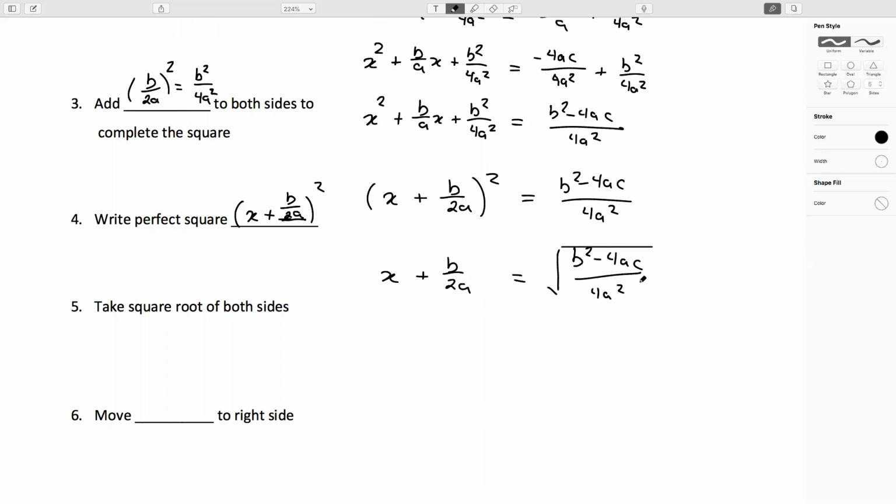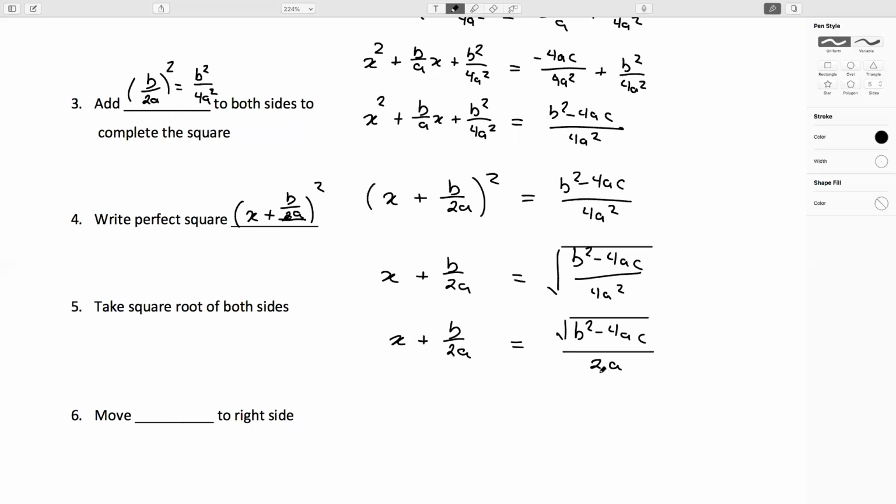Now I'm going to tidy up the right-hand side. I'm going to deal with that square root first, but you don't have to do it in this order. x plus b over 2a equals the square root of b squared minus 4ac all over 2a. 2a is just the square root of 4a squared.